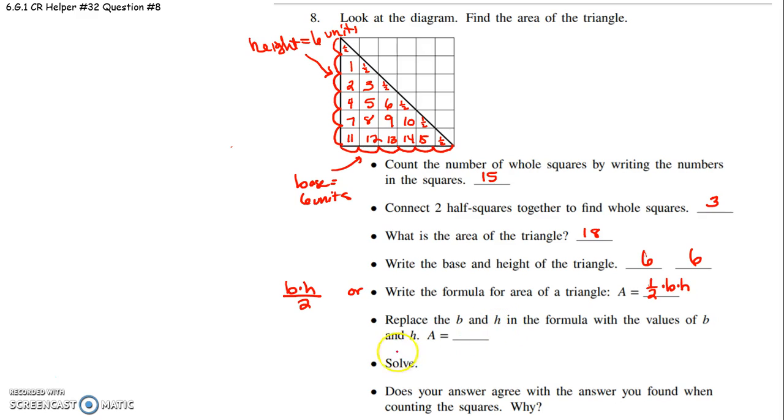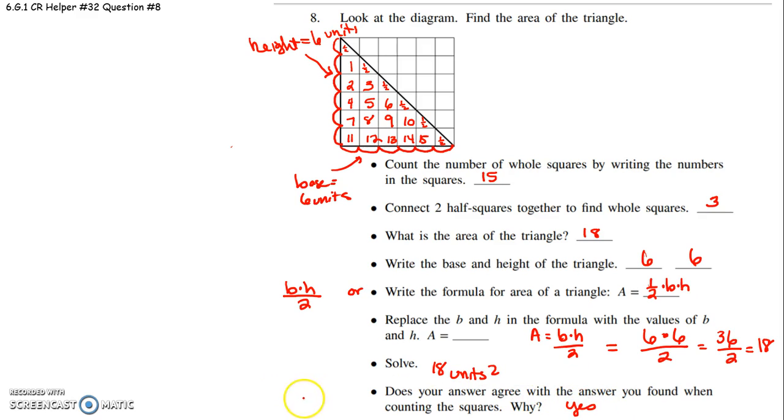Replace the base and height in the formula with the values for B and H. So here, if you choose to use area equals base times height, all divided by 2, in place of the base, you'll put a 6, times, in place of the height, you'll put a 6, all over 2. 6 times 6 is 36 over 2. 36 divided by 2 is 18. So we solve it. 18 units squared.